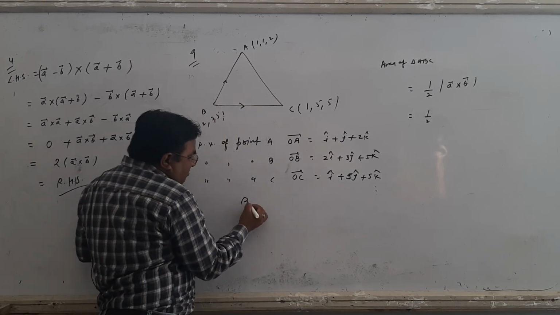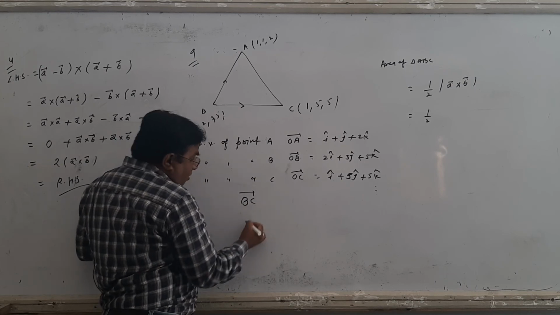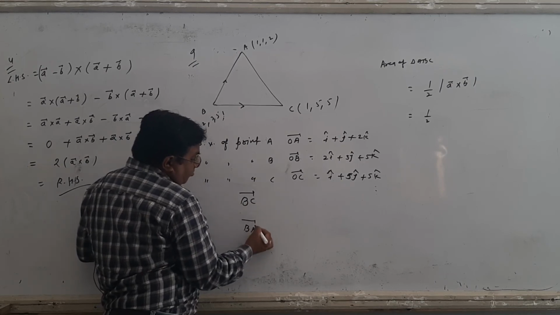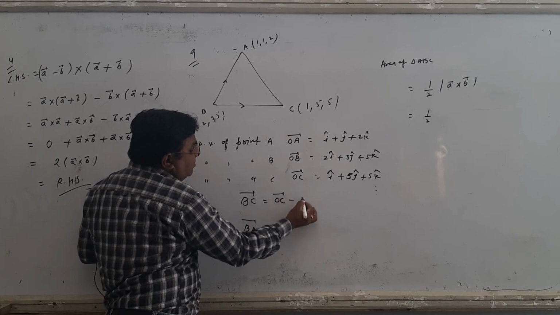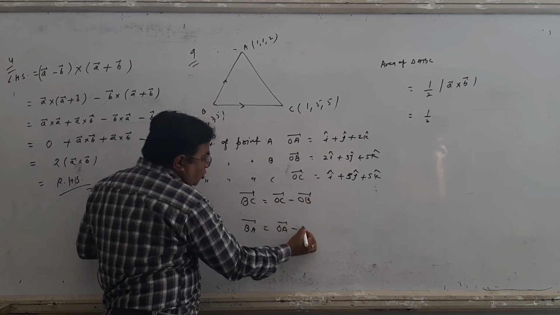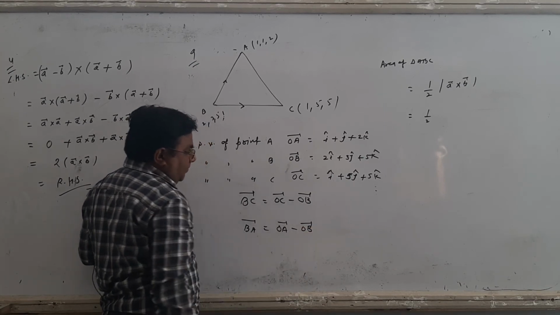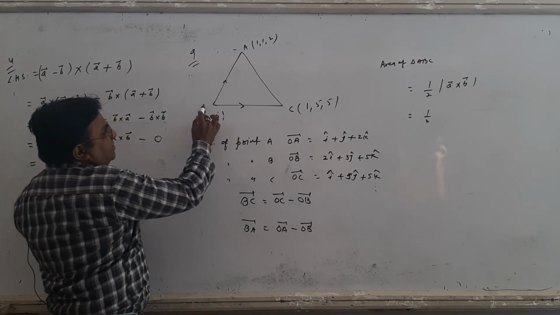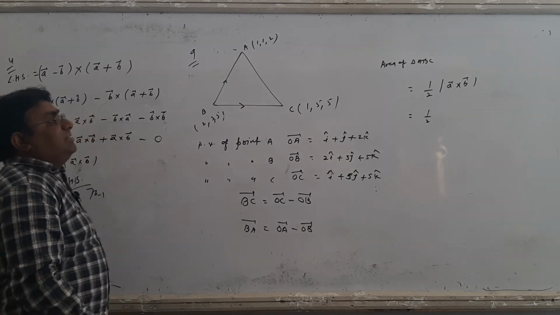Now find vector BC and vector BA. Vector BC is vector OC minus vector OB, and vector BA is OA minus OB. From point B, BC and BA are the adjacent sides.